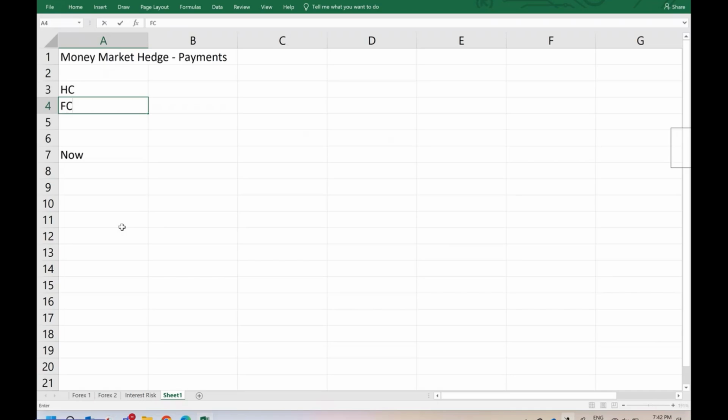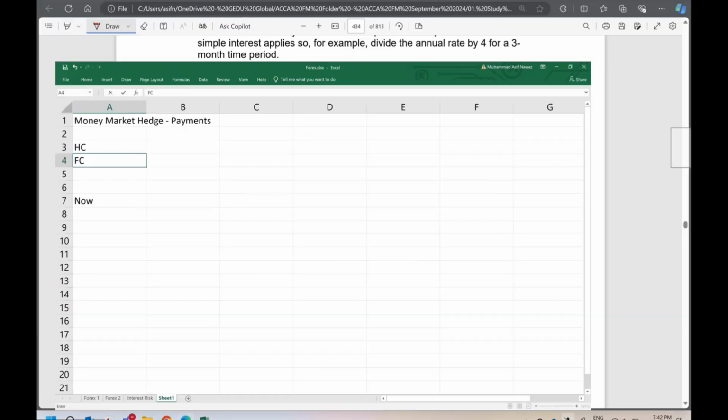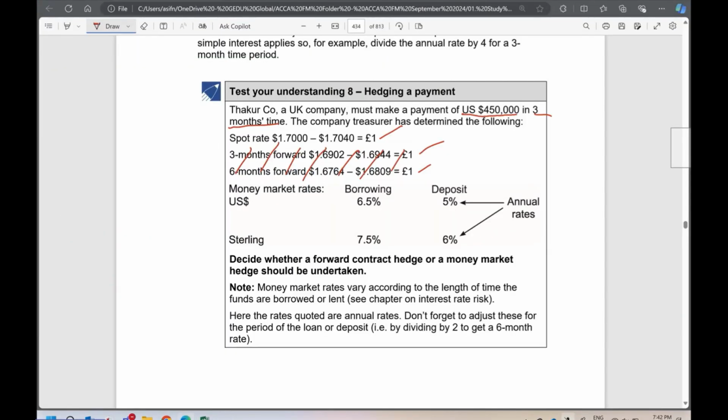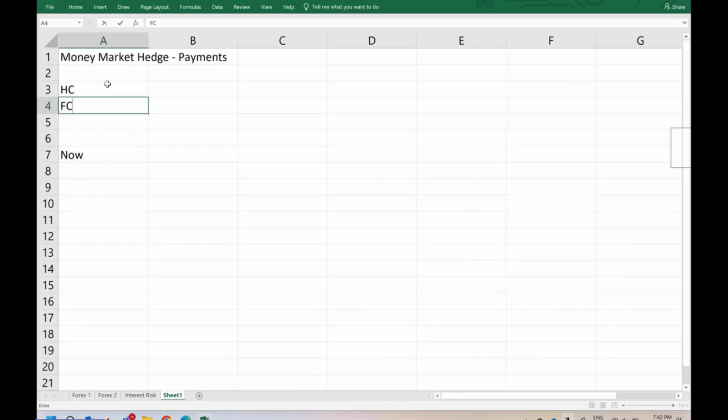Determine it. Look, in this case, you're a UK company, so pound is your home currency, and dollar is your foreign currency. First, we determine these two things.